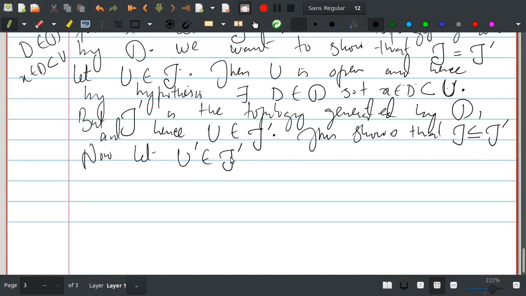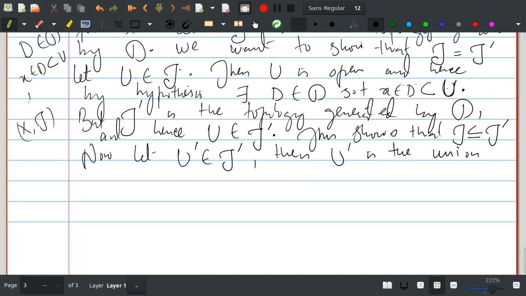Now T prime is given to be the topology generated by the elements in this fancy D. So then u prime is the union of elements of D, because we just proved above that if X is a topological space where this T is generated by the basis B, then this T equals the set of all unions of these basic elements.